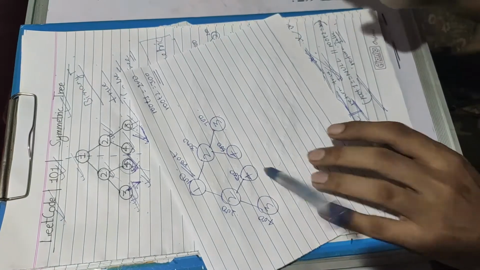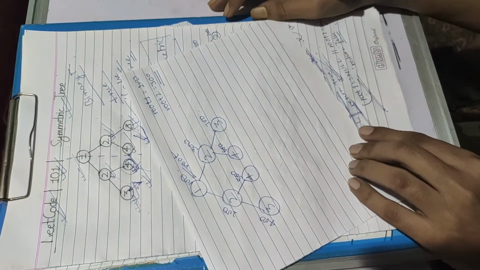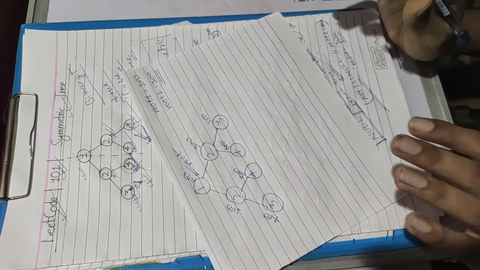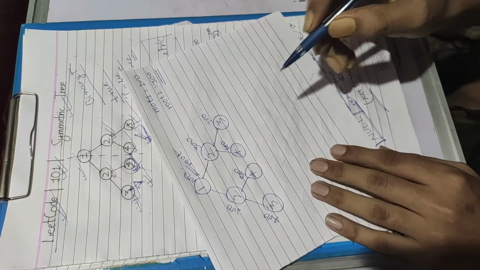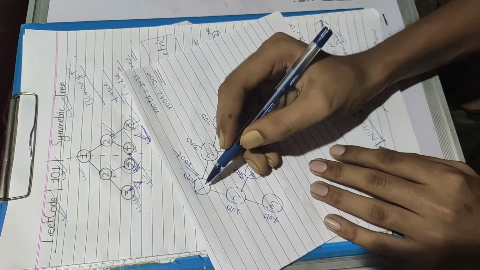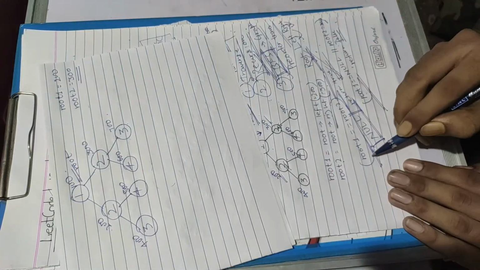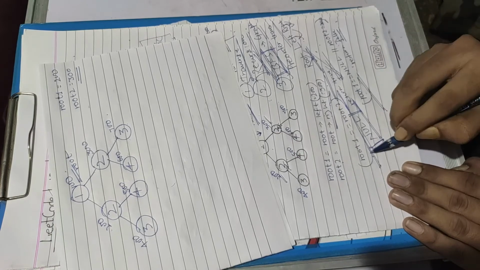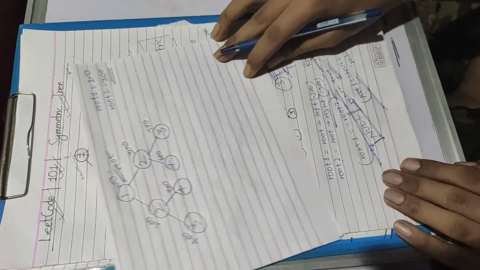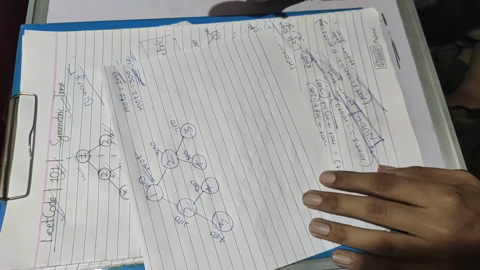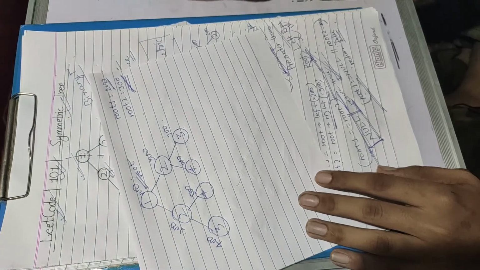So now we are at this position. For each call we are going to check some things. First we will check whether root 1 equals root 2. Is it true? No, root 1 is 200 and root 2 is 300. It is not true.